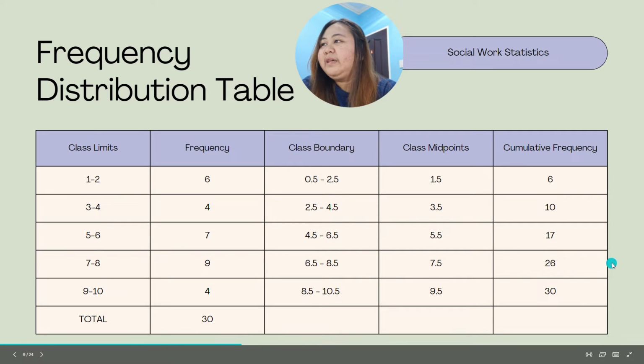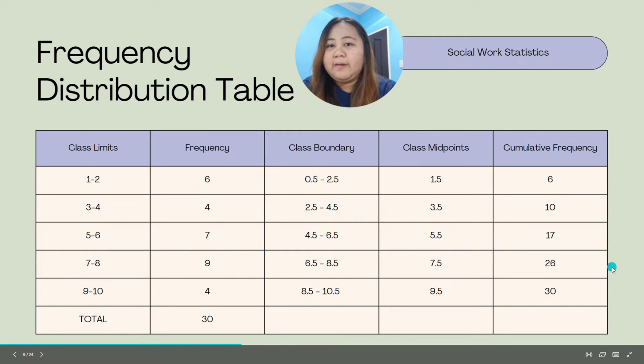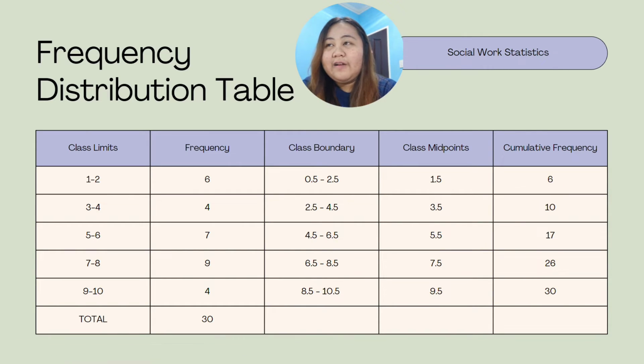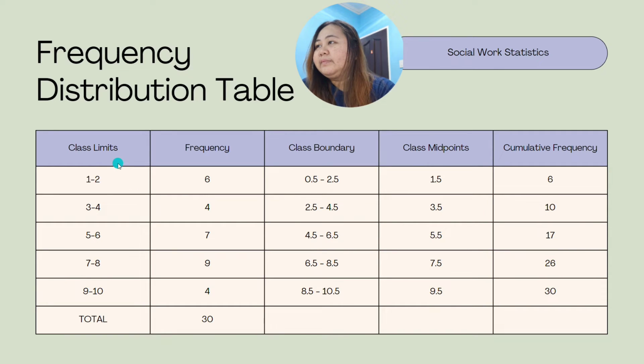So this is what it looks like if we finish the frequency distribution table of the problem. Don't you worry, I will explain to you how I made it. So first, let's focus on this column, the class limits. There are 1, 2, 3, 4, 5 rows.